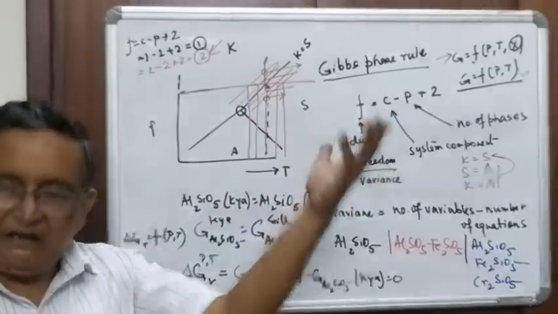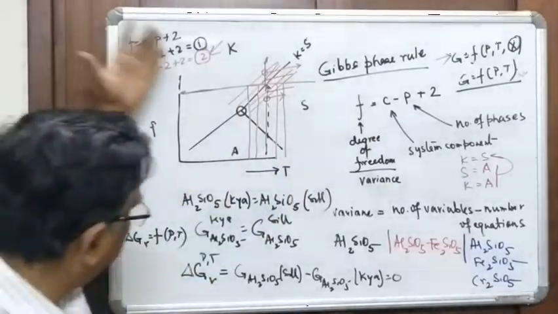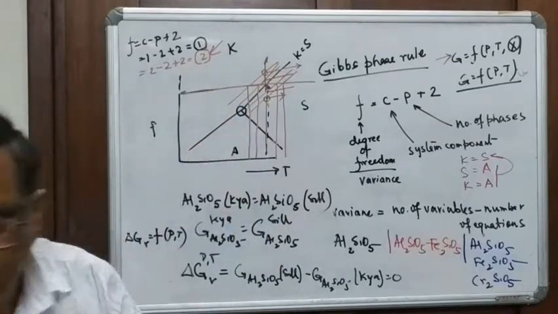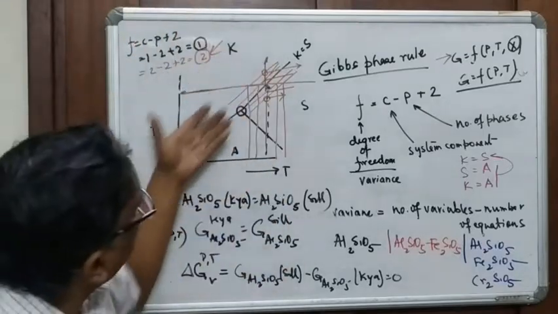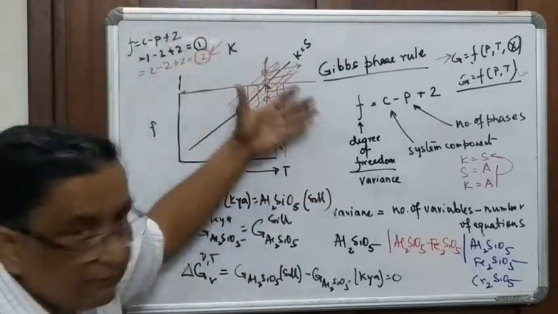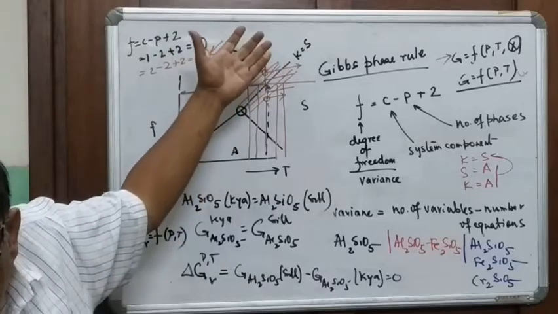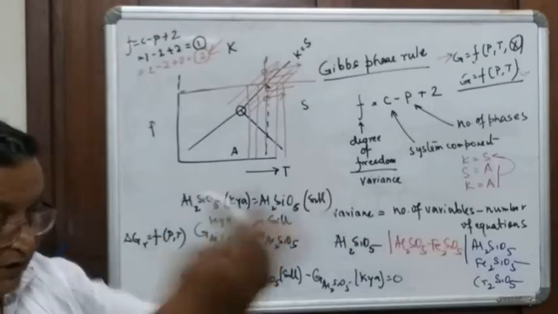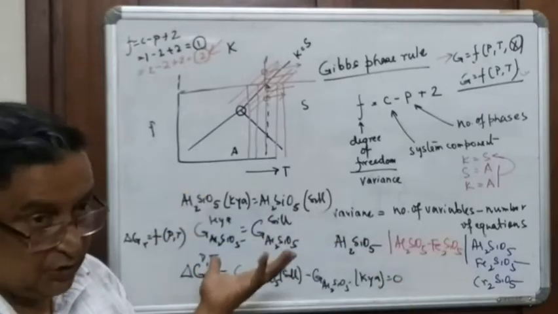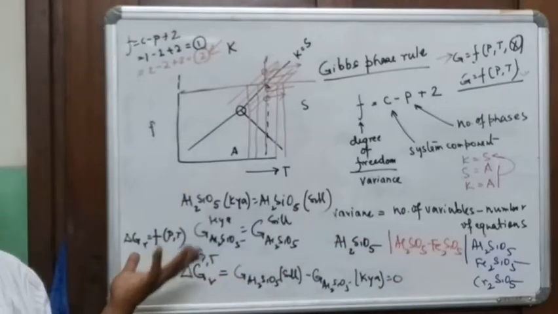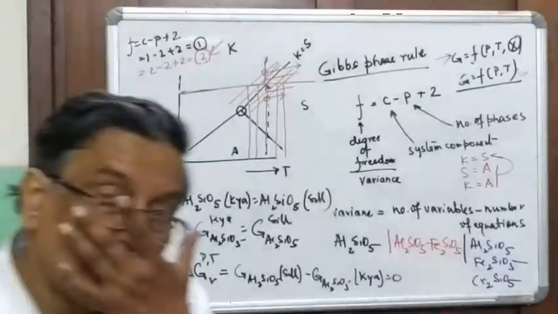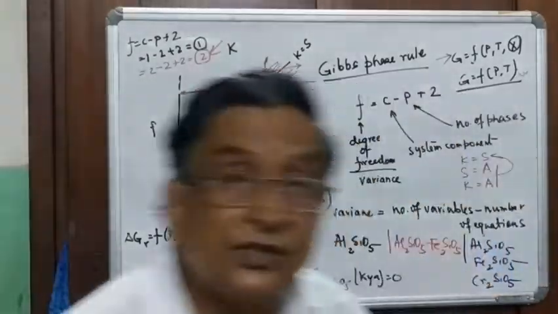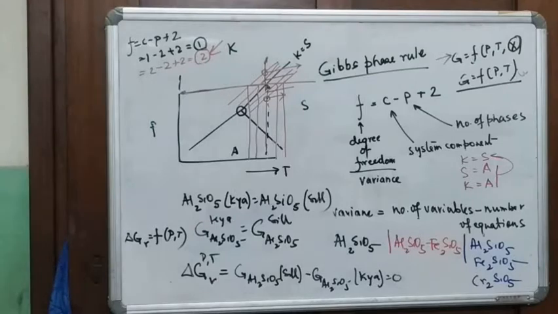In a pressure-temperature field, its loci is not fixed. Its loci is moving as a function of the composition. And so if you want to get a pressure value or a temperature value, you have to give two additional variables. And that's about it. This is what is very crucial for you to understand.